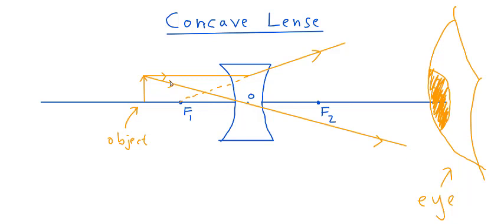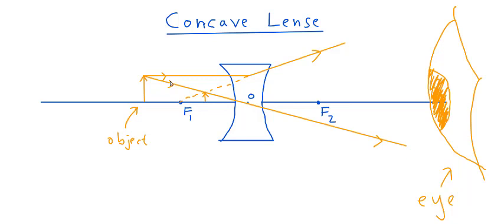So for the person over here, it looks as though these rays are coming from this point here. And this is exactly where the image of this object forms. So in other words, the image of the arrow forms here. Let me draw that again, like this.